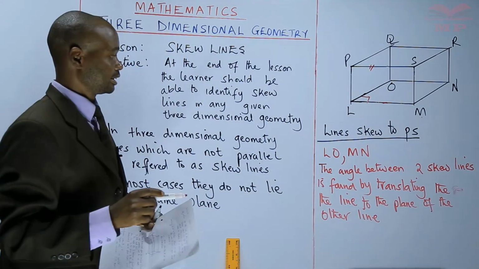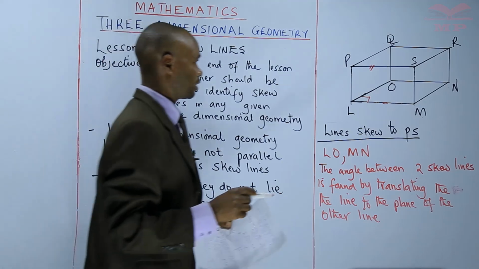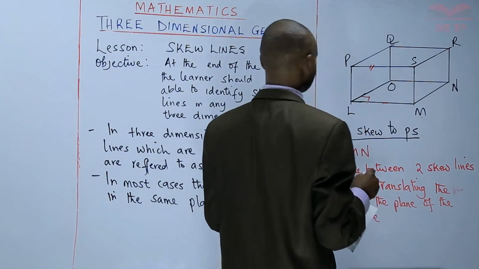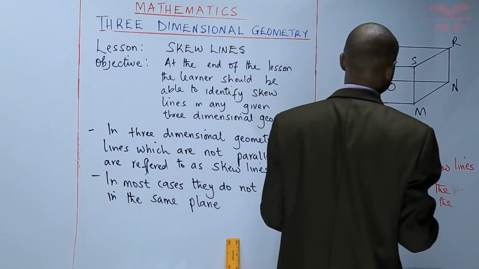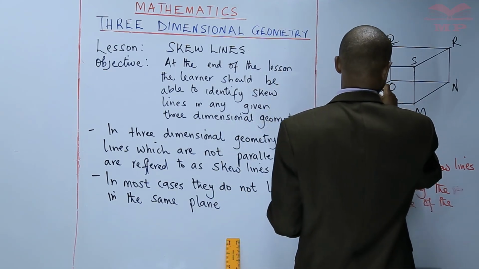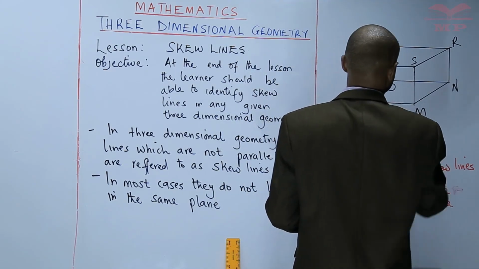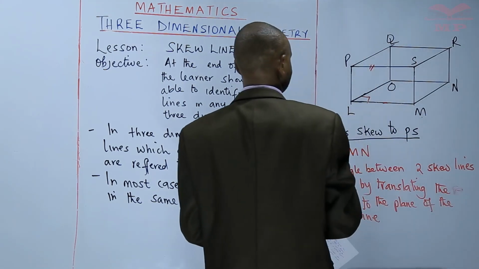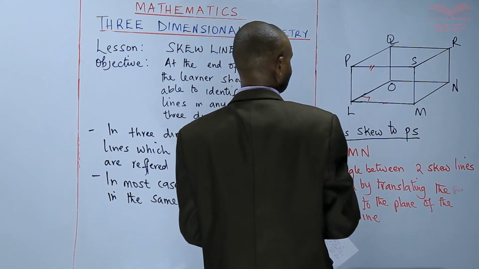If I want to find the angle with MN, you'll translate to that plane.